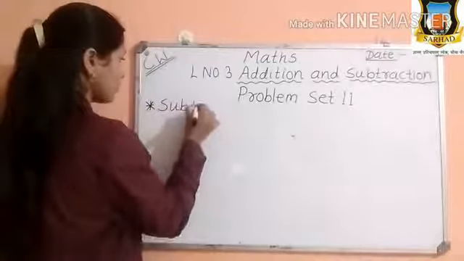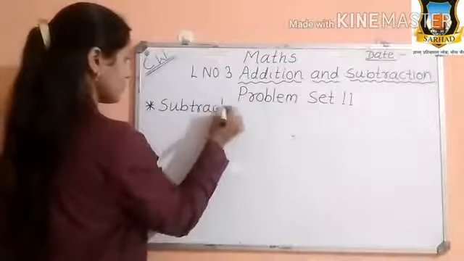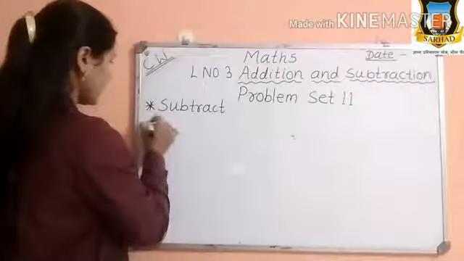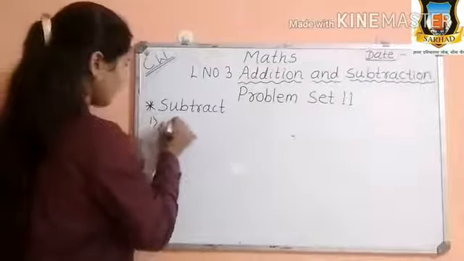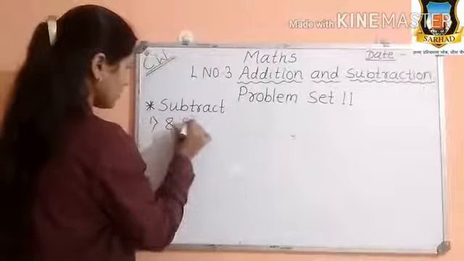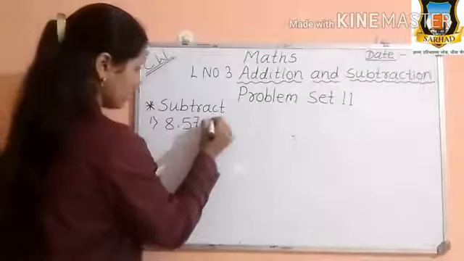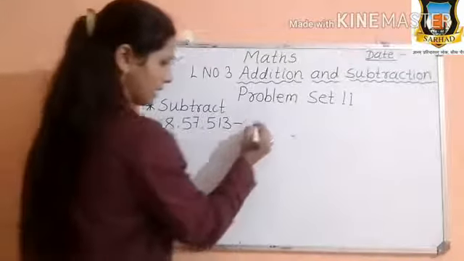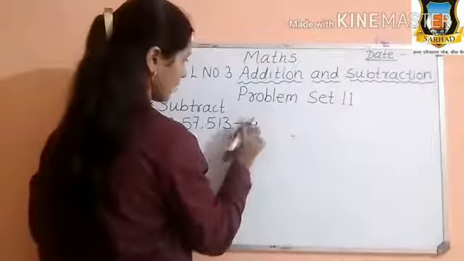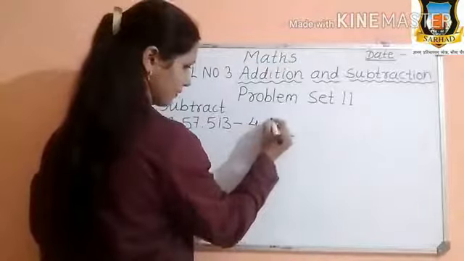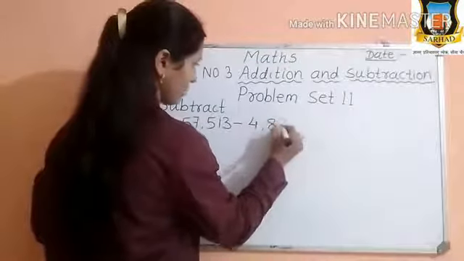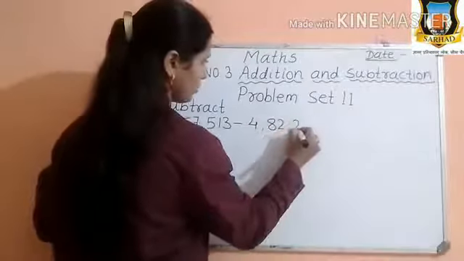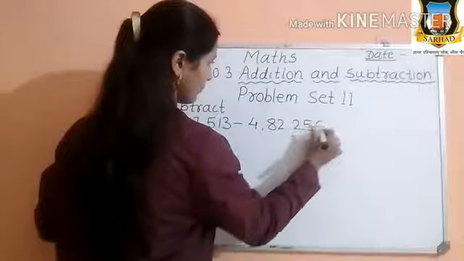Subtract is the question. First example, 8,57,513 minus 4,82,256.